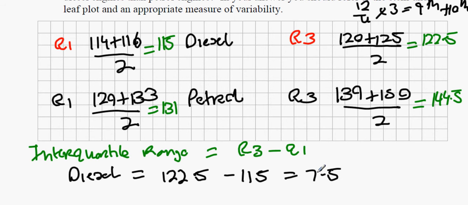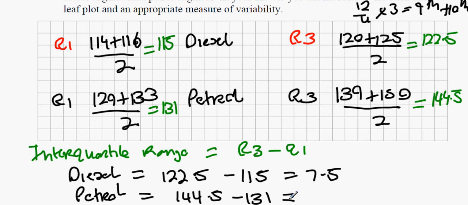And for the petrol, we can see that it's 144.5 minus 131, and what we're going to get is 13.5.